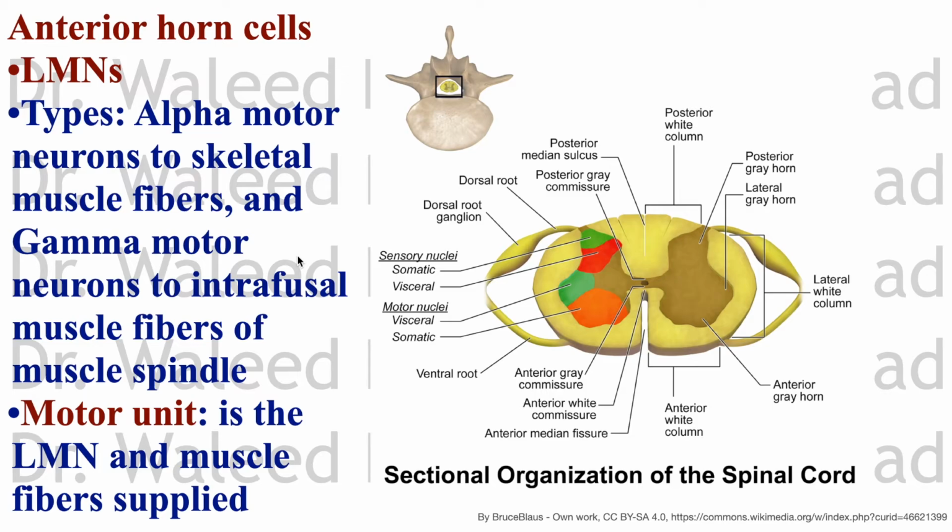These are called the intrafusal muscle fibers of the muscle spindle. And each constitutes a motor unit: the lower motor neuron with the nerve supplying a series of muscle fibers. This is called the motor unit.